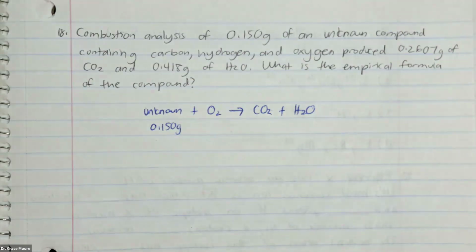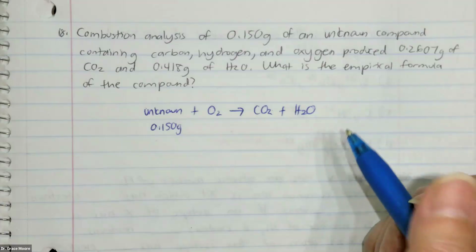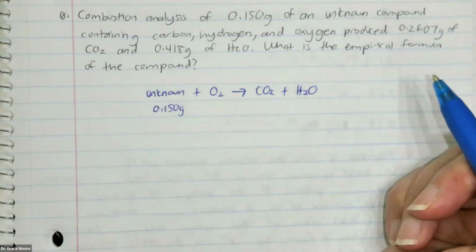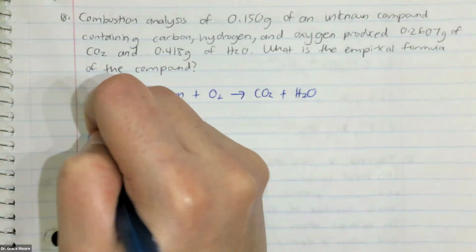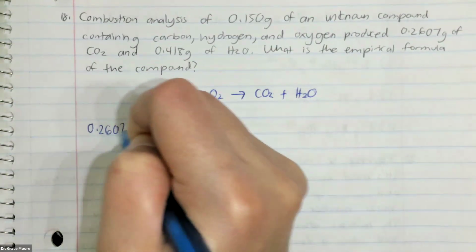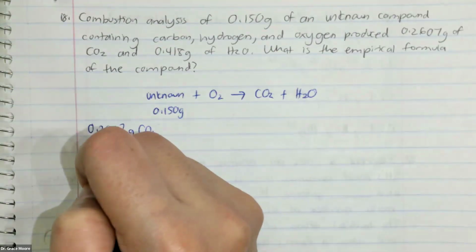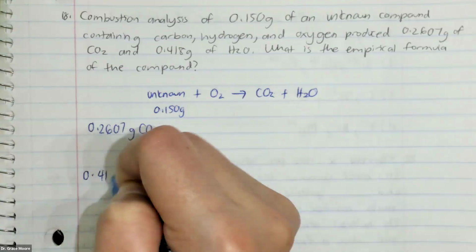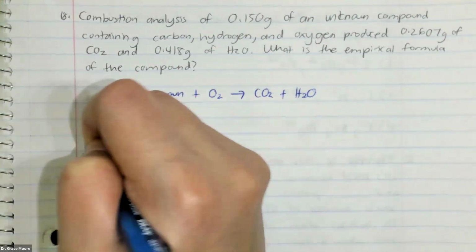So what you want to do here is we are going to start with finding CO2 and get carbon. So we'll do 0.2607 grams of CO2. And then we're also going to do 0.418 grams of water.